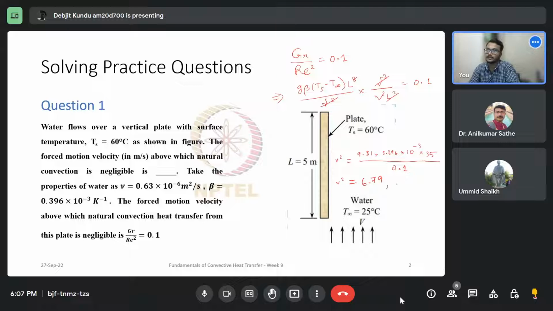And then if we take the square root, V comes out to be how much? 2.6. Can you confirm whether this one is right or wrong? Okay, so this is the answer. V would be equal to 2.6 meter per second.